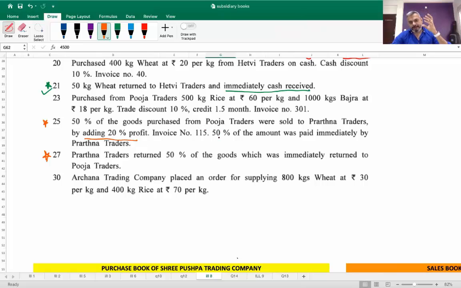Meaning whatever we purchased from Puja Traders, half of it we are selling to Prathana Traders, adding 20% profit. Invoice number 115, 50% amount paid immediately we ignore.